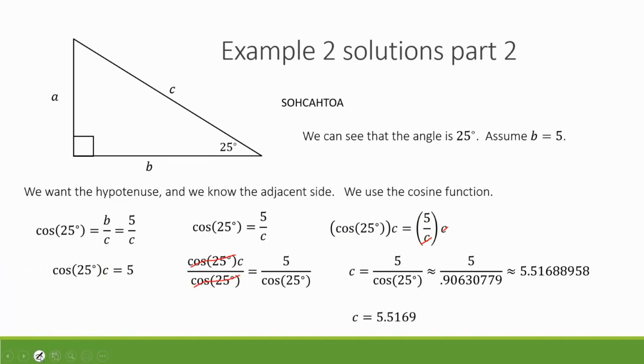We get C equals 5 divided by cosine of 25 degrees. The cosine of 25 degrees part you can do in your calculator. That's what I did. We do 5 divided by this, and so we get C is about 5.5169.